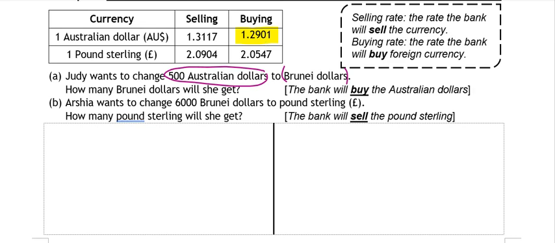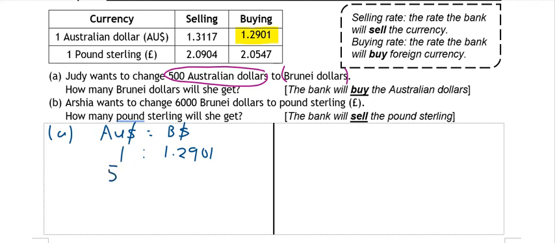What you do afterward is quite similar to what you have done previously. You write down the rate: Australian dollar 1 is Brunei dollar 1.2901. Next, you write down 500 Australian dollar on the left side.